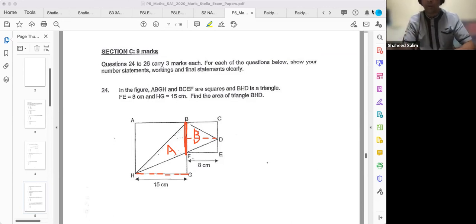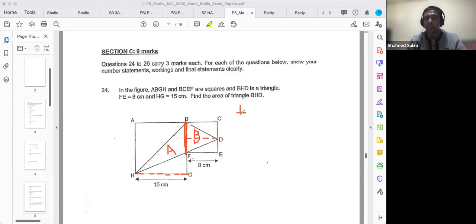Okay, you tell me what's the area of triangle A? Half times 8. From here to here is 8, right? Because this is a square, right? Half times 8 times 15 now. So you get 60, right?